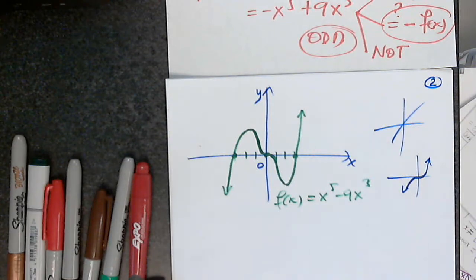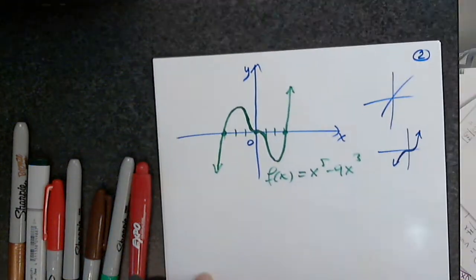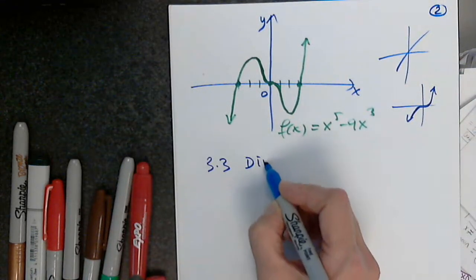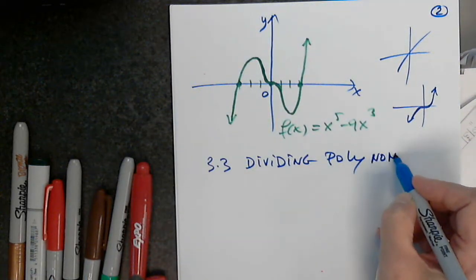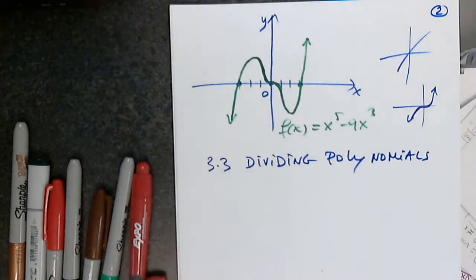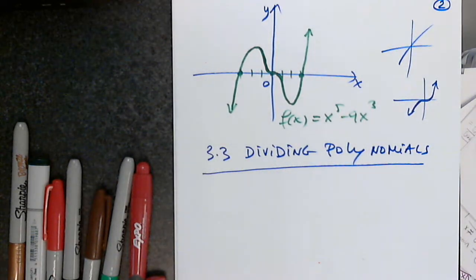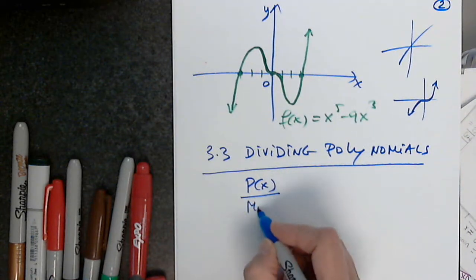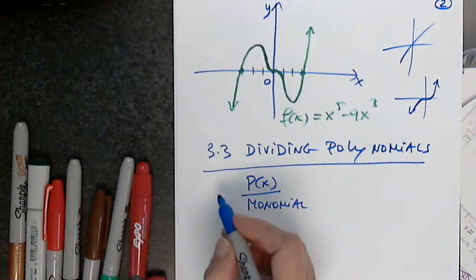Section 3.3 is entitled Dividing Polynomials. We have a few situations here. A polynomial divided by a monomial. That's one situation.